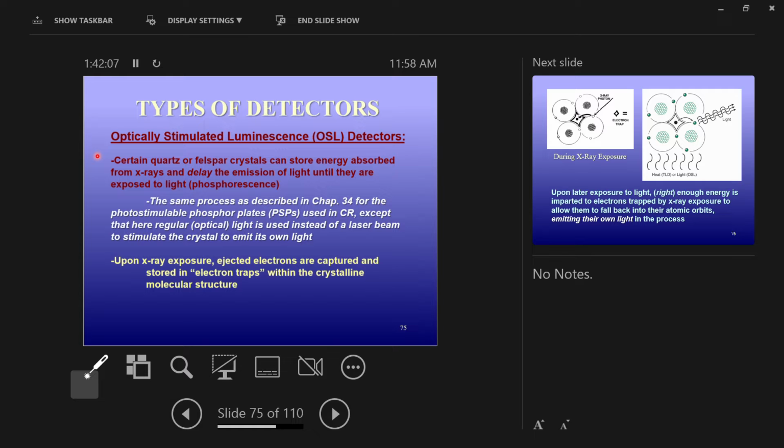That's optically stimulated luminescence. Luminescence is the property where a material can emit light when it absorbs light. So it can absorb energy and then re-emit that energy. Optically stimulated luminescence is when a material can absorb energy and then only re-emit that energy when you shine a special light on it.